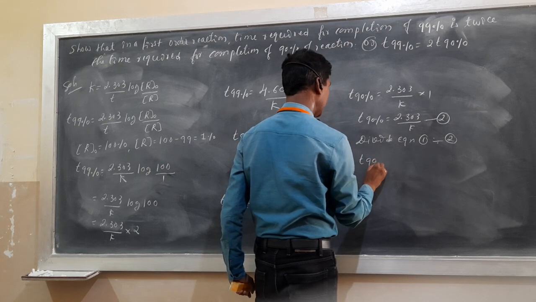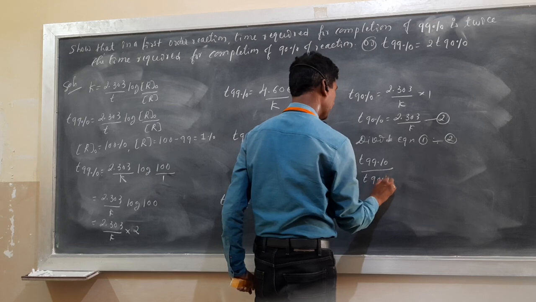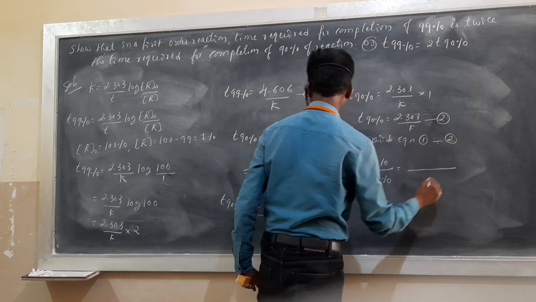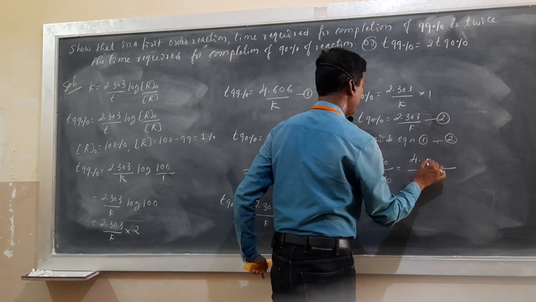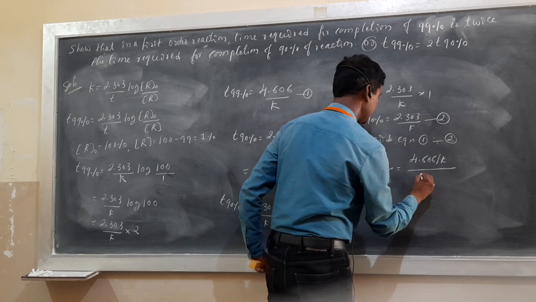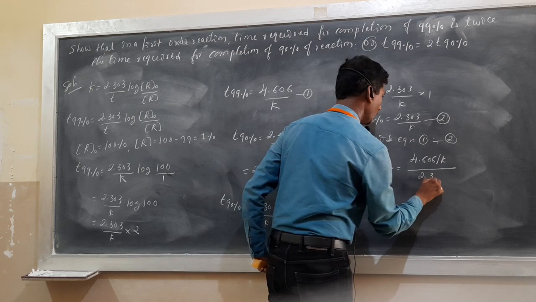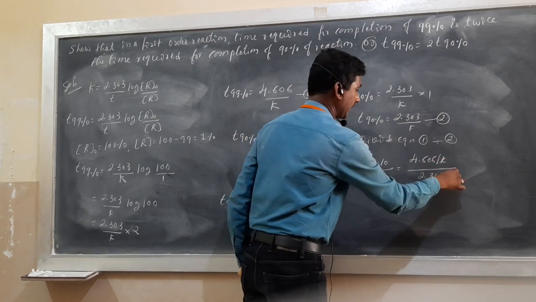So T99% divided by T90%. T99% is nothing but 4.606 divided by K, and T90% is 2.303 divided by K. So now the K cancels.